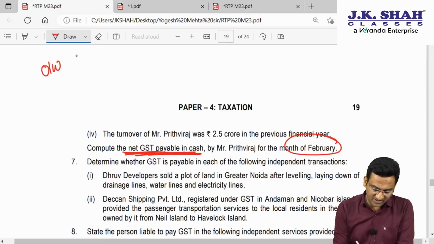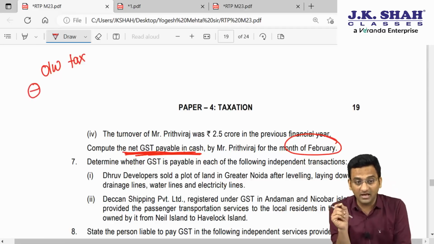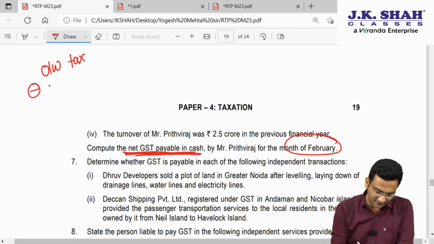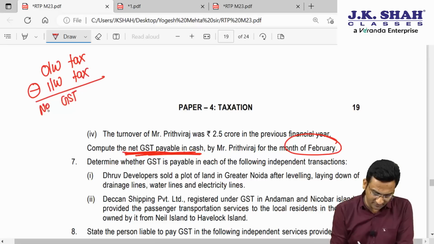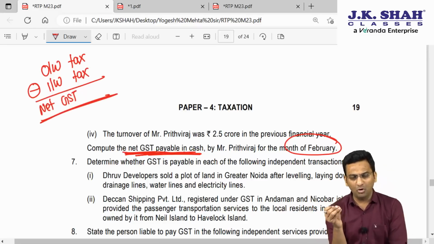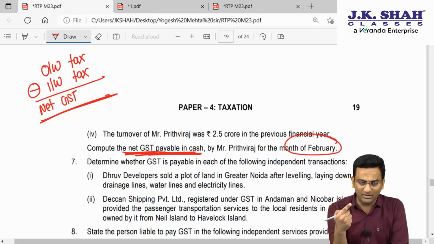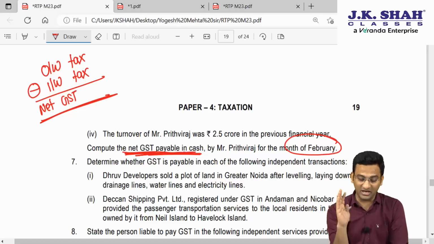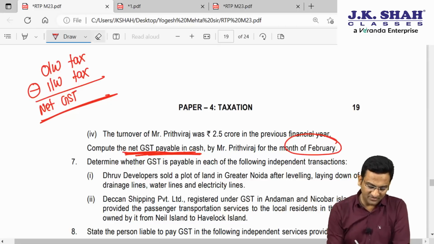We'll calculate the outward tax, and from that outward tax we'll deduct the inward tax, and whatever net GST comes, that GST we have to pay to the government. Correct, friends? So outward tax on outward supply minus tax on inward supply, and the balance GST will be payable.